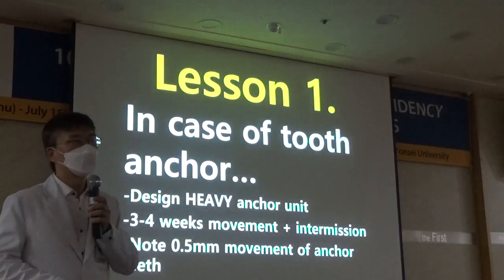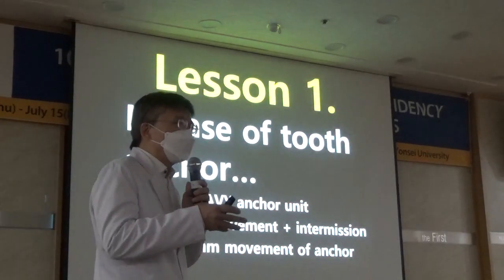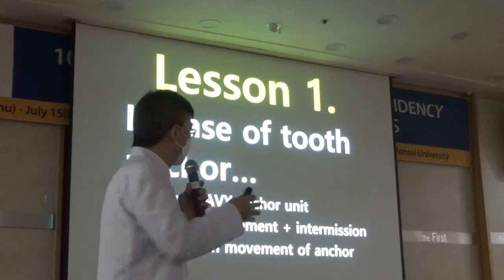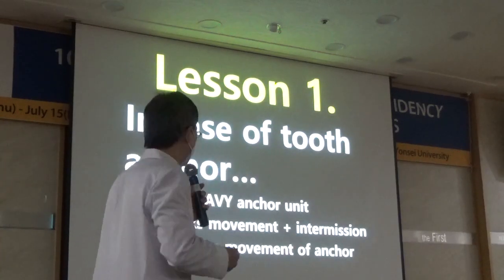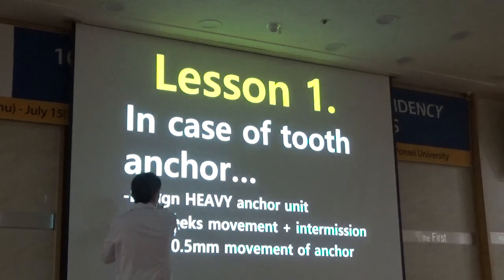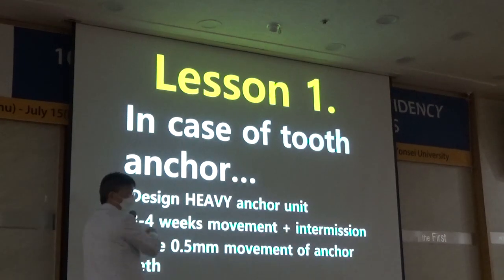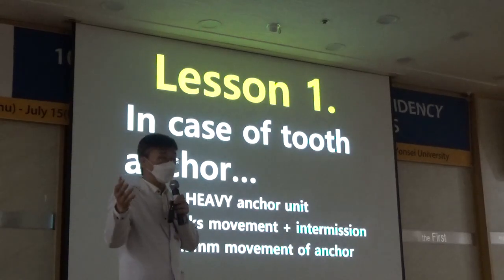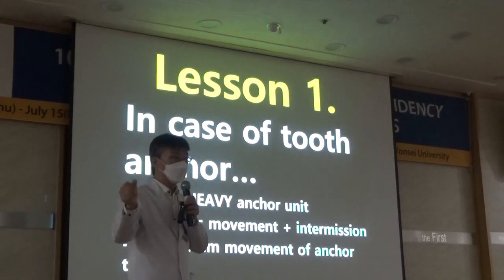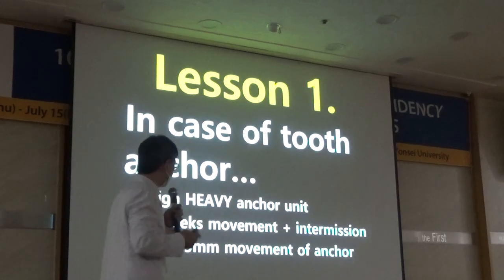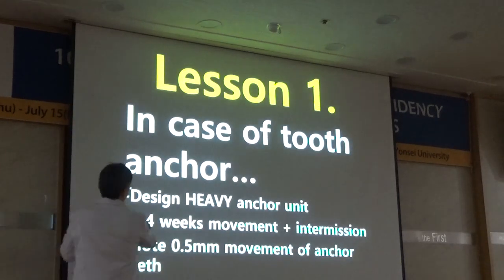If you are obliged to, without any other choice, if you have to use the tooth anchor, try to design a very heavy anchor unit. You really have to keep an eye on the anchor teeth as much as the movement of your moving tooth, because they are moving at a similar speed. You have to be very careful.